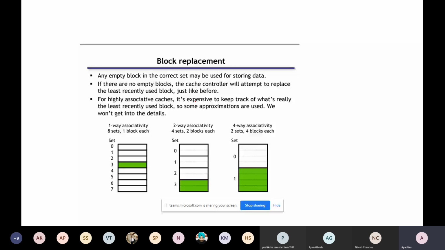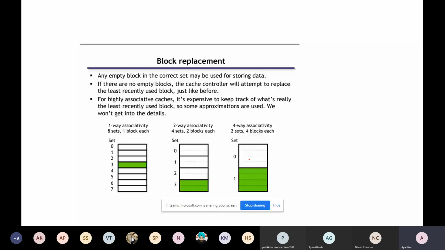So we will go in between. We will consider the concept of associativity. Associativity means we will consider the concept of sets. It is not fixed that one main memory block can be mapped just to a particular cache block, and it is also not the case that one main memory block can be mapped to any possible location.